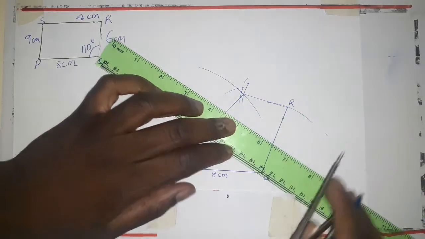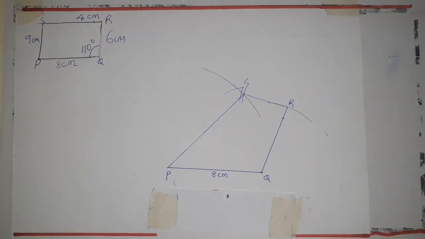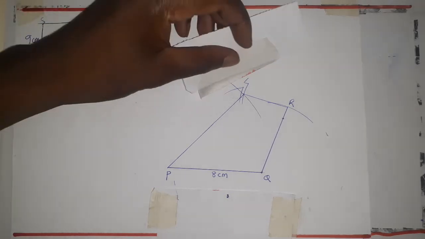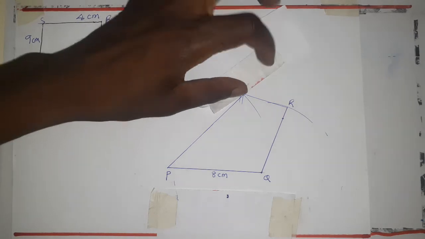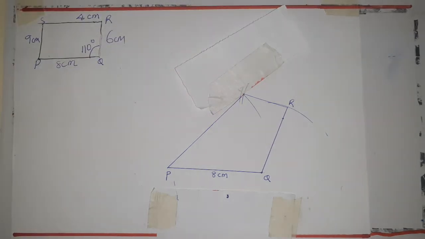I'm using a pen so that it's clearer, but it's advisable to use a pencil so that you can easily erase. For me, I could not do that. So I can try just to cover that. Okay, so this is how our quadrilateral is going to look.